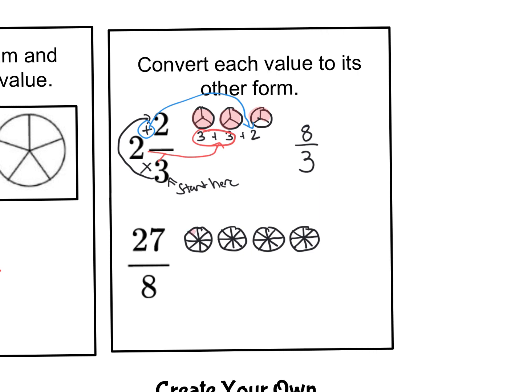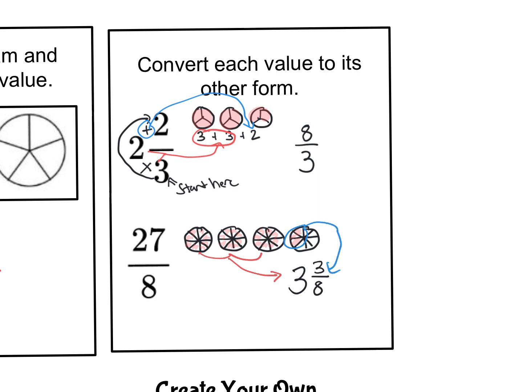So 1, 2, 3, 4, 5, 6, 7, 8, 9, 10, 11, 12, 13, 14, 15, 16, 17, 18, 19, 20, 21, 22, 23, 24, 25, 26, 27. So in the end, I shaded in 3 full circles and 3/8 of the last circle. So that became our whole number, and then these 3 pieces here became our 3/8.